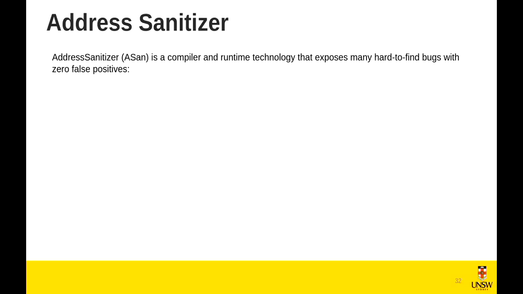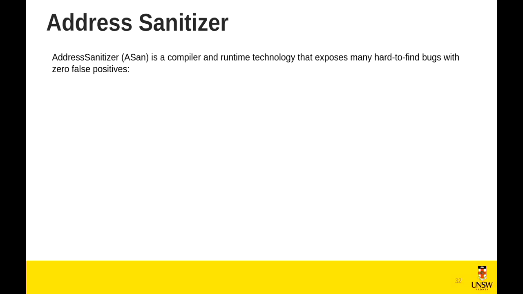You can see some of the keywords here. It is a compiler technique, which means that it tries to instrument the target program during compilation. We have learned that AFL, or American Fuzzy Lop, does instrumentation during compilation, and address sanitizer works similarly. So it instruments the target program during compilation and during execution.